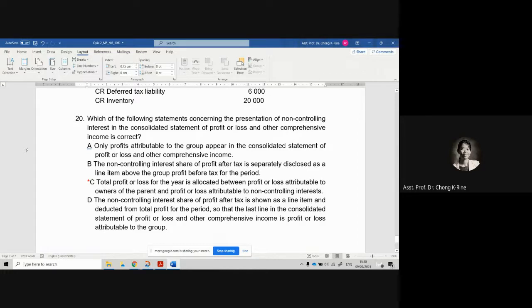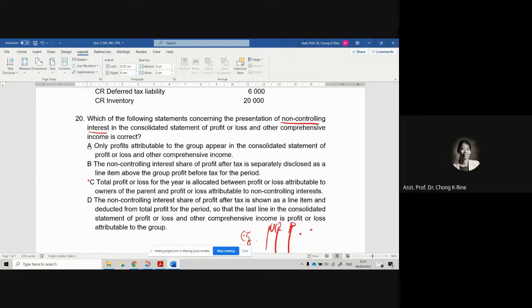Now the last question is about non-controlling interest. And the answer is C. When we have NCI, it means the parent is not acquiring 100% directly. It is less than 100%, therefore we have NCI. Remember in our console worksheet, we calculate everything already, and then after that we split into the last two columns. We do the NCI one for all the equity components, then the remaining one is the parent's equity component.